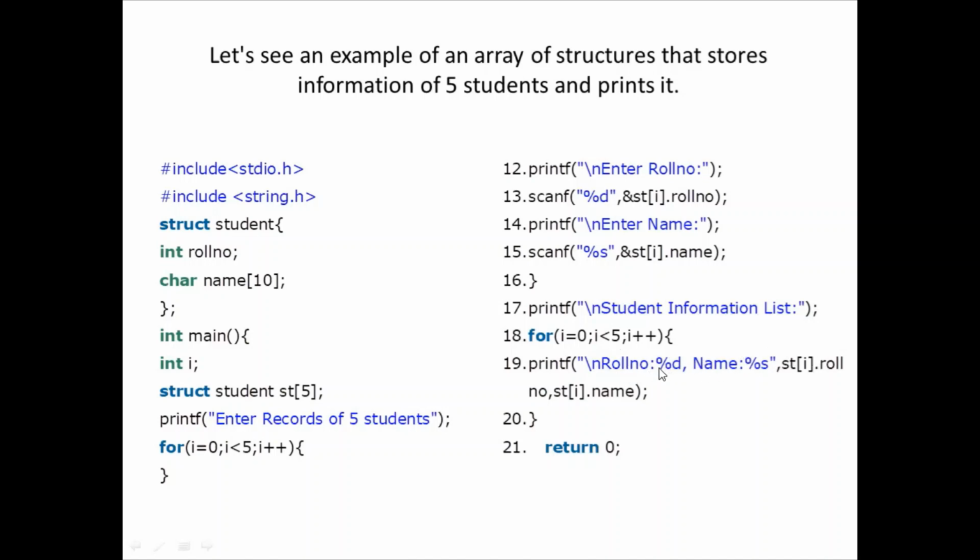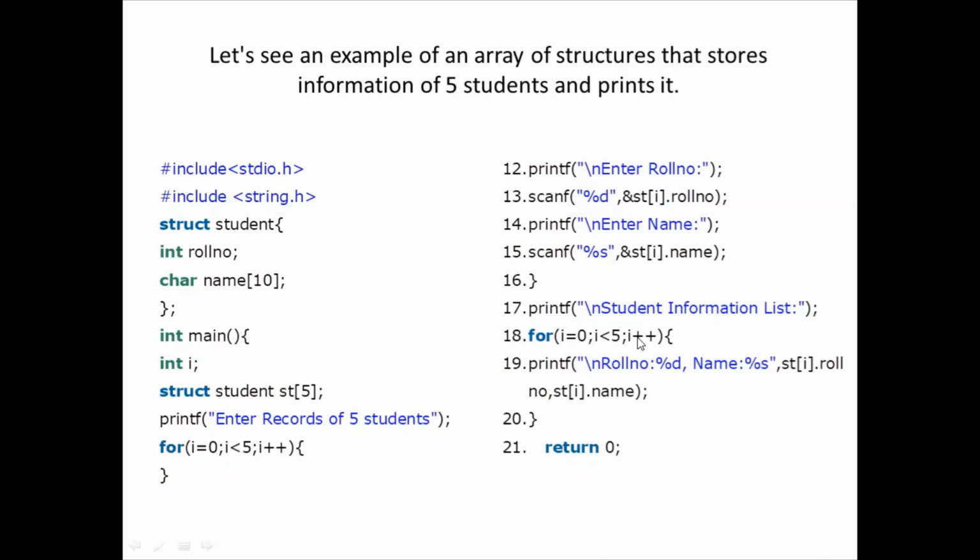How are we going to get the roll number? %ld st of i dot roll number. When the i value is 0, we are going to get st of 0 dot roll number. So we are going to get the first student roll number. st of i, what is i value? 0. st of 0 dot name, we are going to get the first student name.